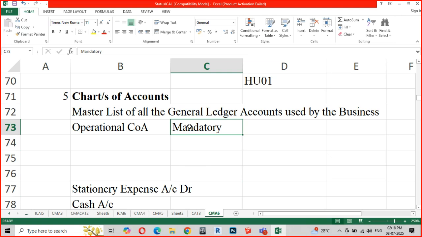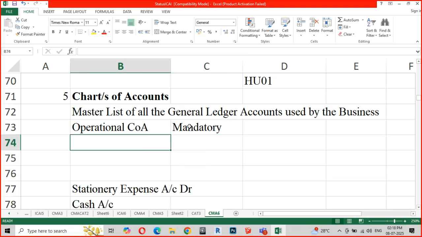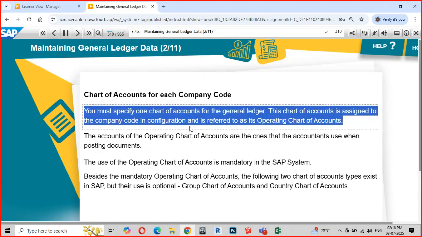Now, is there something which is not mandatory also? See, the use of operating COA is mandatory. Clear?